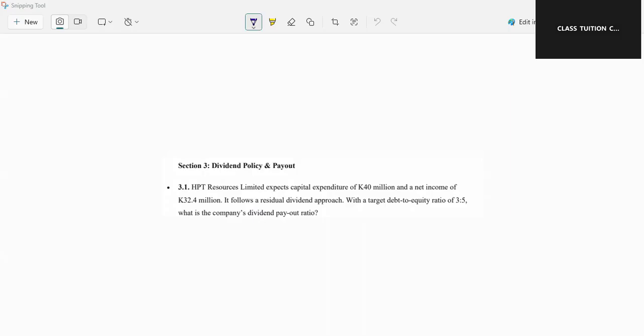So here, let's look at the information that has been given. We've been given our 40 and our 32. So this is our expenditure or investment needed, 40, and our 32 is our net income. So we've been given the debt to equity ratio, so we calculate this as follows. Debt to equity ratio is 3 to 5.